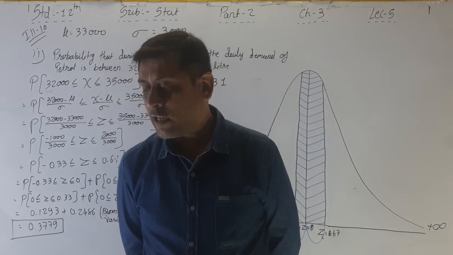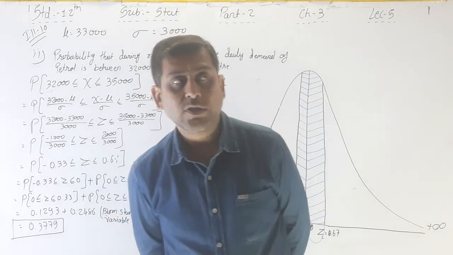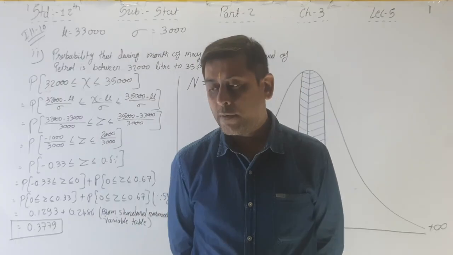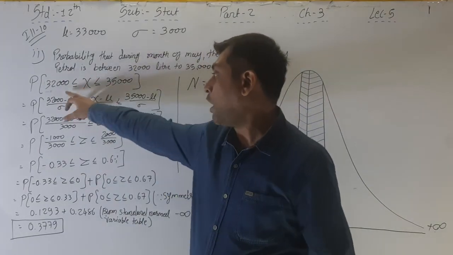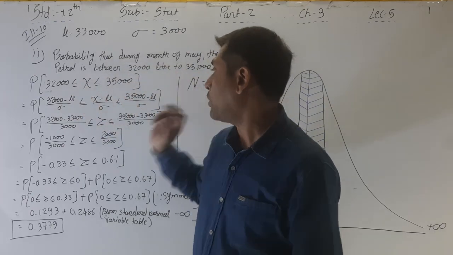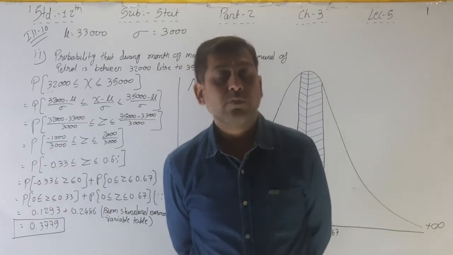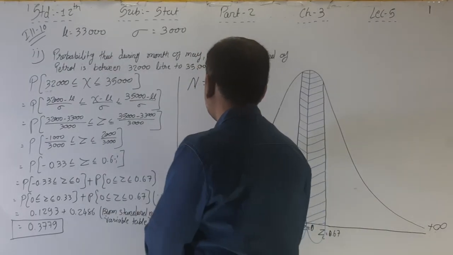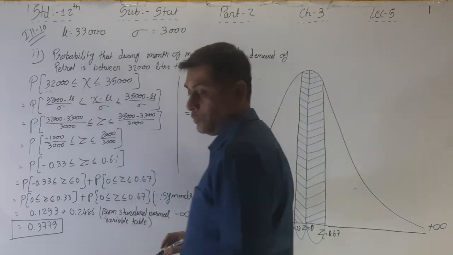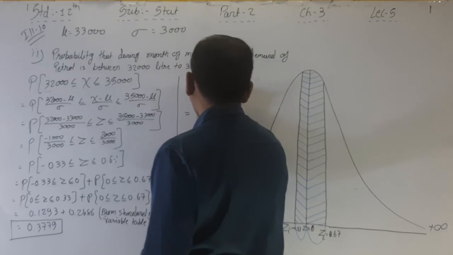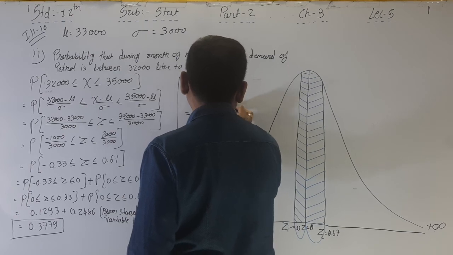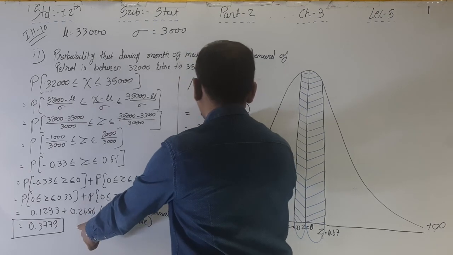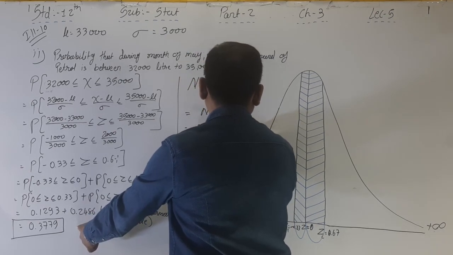during which the daily sales of petrol is between 32,000 liter to 35,000 liter is equal to n into P of x. So n is equal to 31 into, what is the probability? 0.3779.